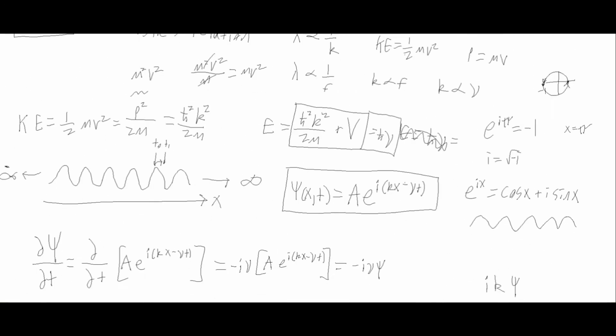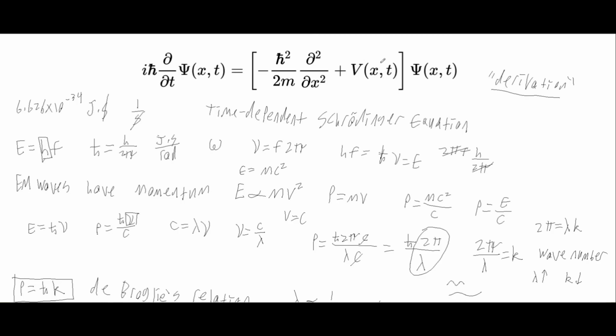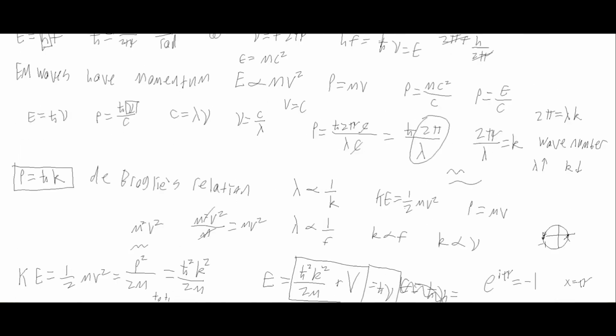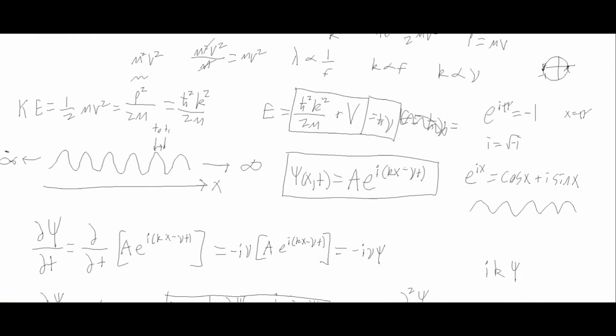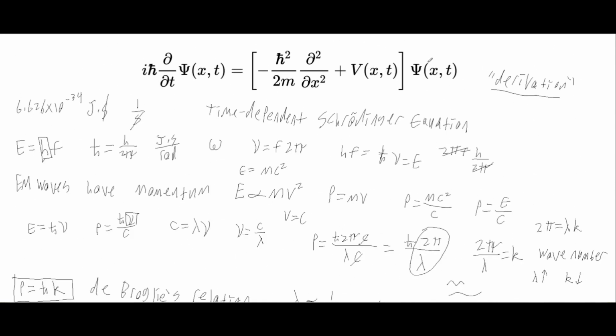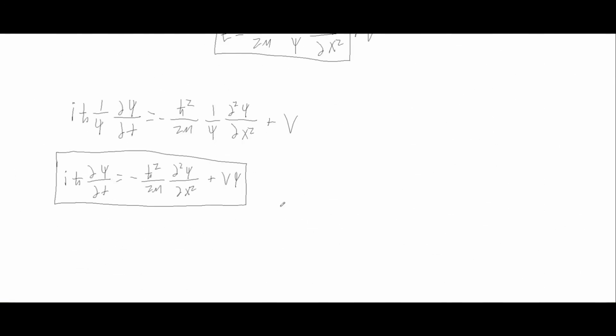That's what we have here. And then we have our potential energy there, which we have here. This just factored psi out of both of these, but you could see that this would go here and this would go here, and we end up with the same thing.